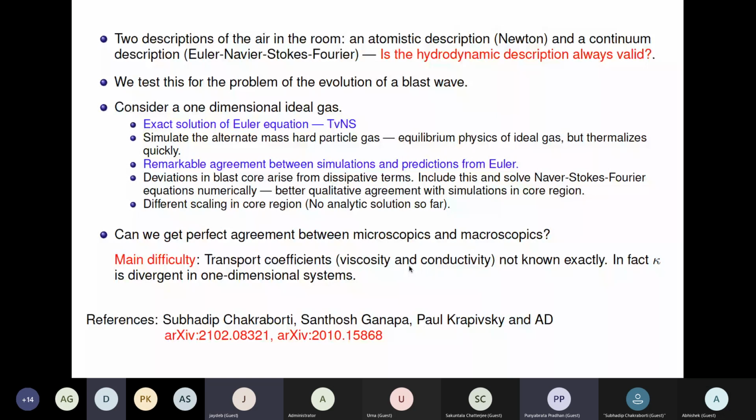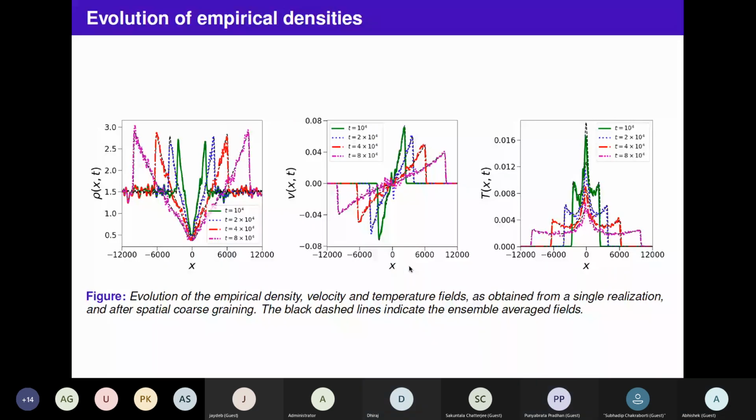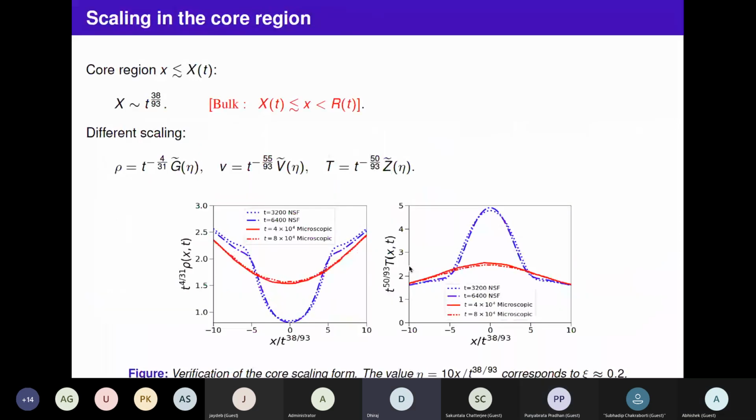Hello, sir. I have a question. Could you please move to the previous slide? The one before, where the density profile is plotted, rho(x,t) versus x.